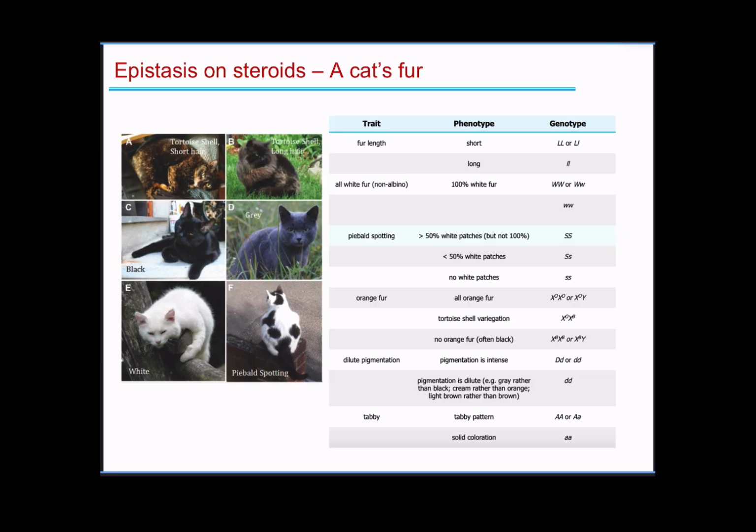What this shows is that some of them show incomplete dominance, some show interactions with other genes, and some show sex linkage. So when it comes to predicting the fur of a cat, we can. It's just going to take several steps, because we need to figure out what aspects of it are sex-linked, what aspects may have some epistasis going on, and what aspects may follow simpler Mendelian genetics, but with confounders like incomplete dominance.